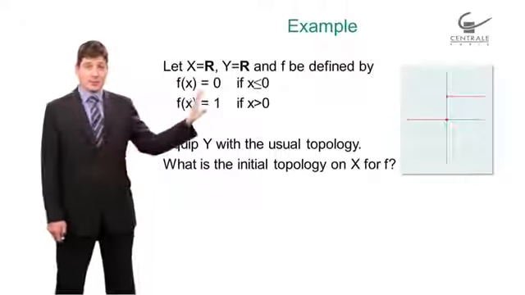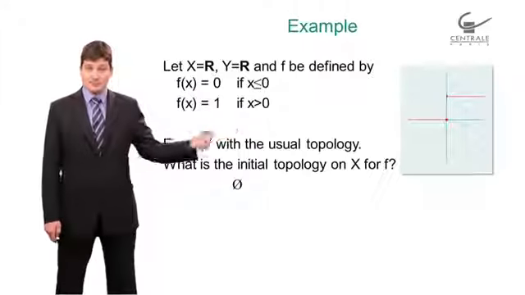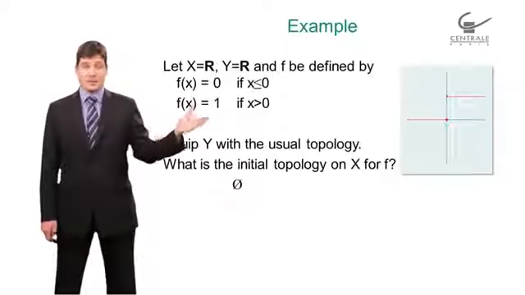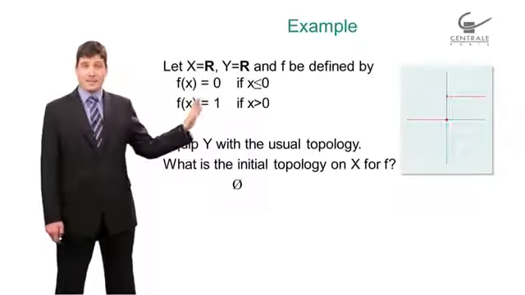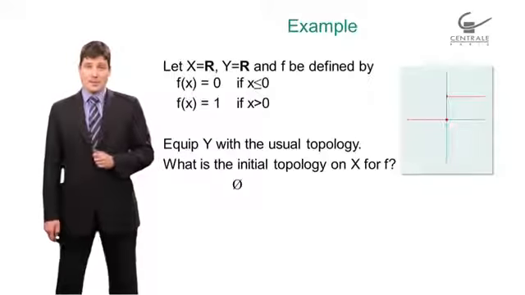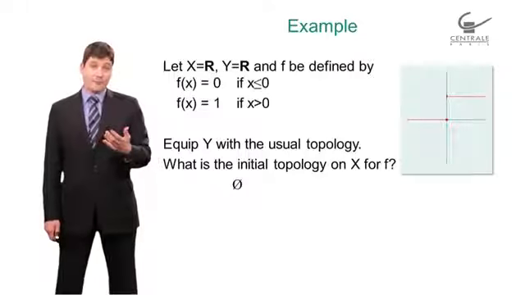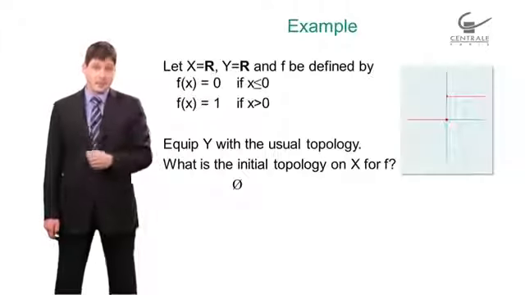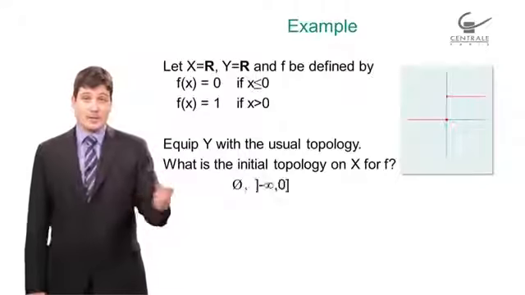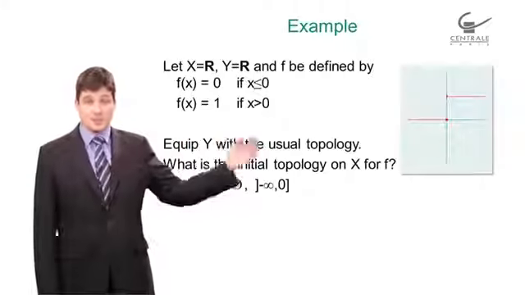Obviously, in the topology, I need the empty set. I also need R, negative infinity to plus infinity, in the set. We'll see that later. But at least I need the empty set. Then I need the inverse image of open sets that contain 0. And the inverse image of open sets that contain 0 will be (negative infinity, 0].